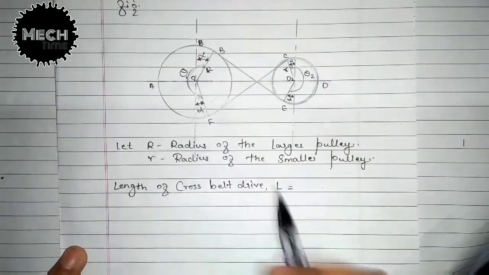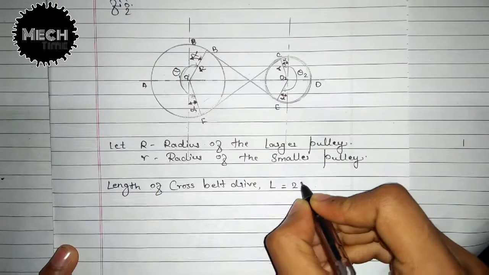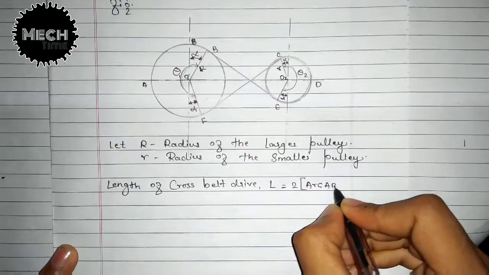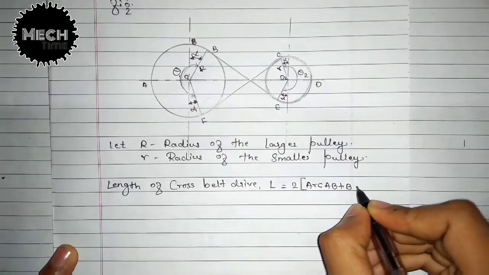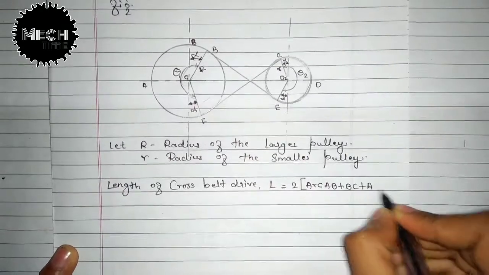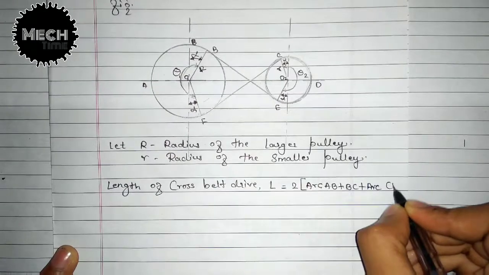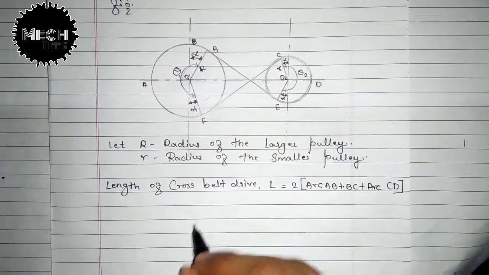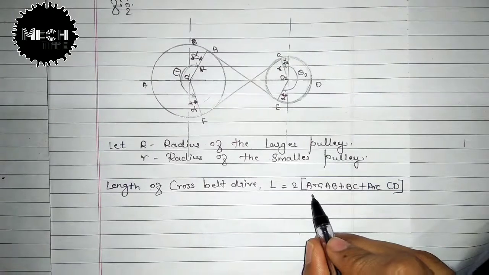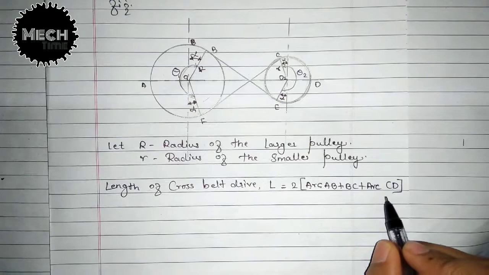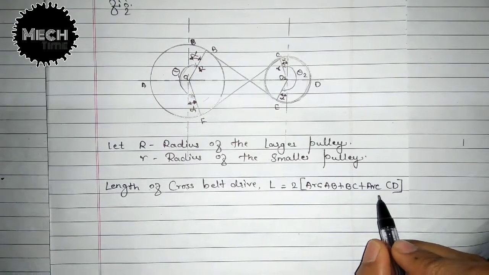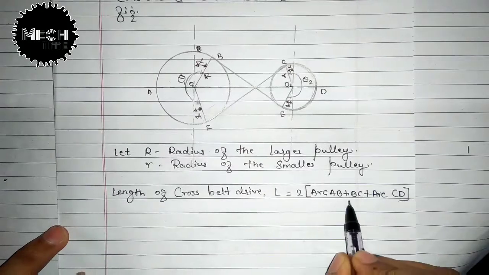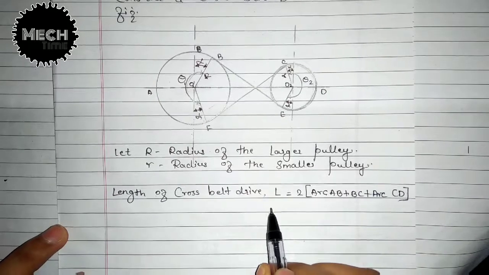So the length will be 2 times arc AB plus BC plus arc CD. We need to find the values of arc AB, BC and arc CD, and then we'll get the length of the cross belt drive.